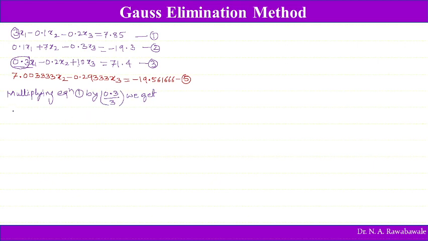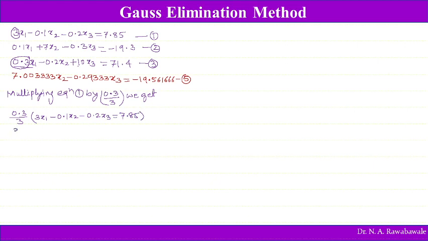so we write here 0.3 divided by 3. The first equation is 3x1 minus 0.1x2 minus 0.2x3, which is equal to 7.85.